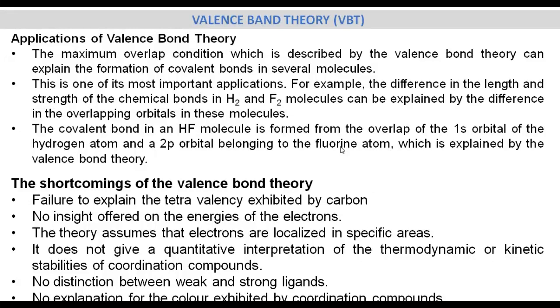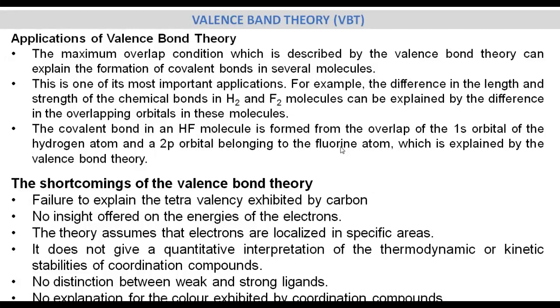If the overlapping is more, then the strength is also more. The covalent bond in an HF molecule is formed from the overlap of the 1s orbital of the hydrogen atom and a 2p orbital belonging to the fluorine atom, as explained by the valence bond theory.